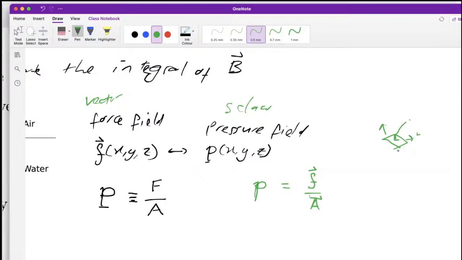So if we define whatever area, and now what I'm going to do is define a small area. So my small area here has a normal vector, and I'm just going to call this delta S, as a small, so S for small.